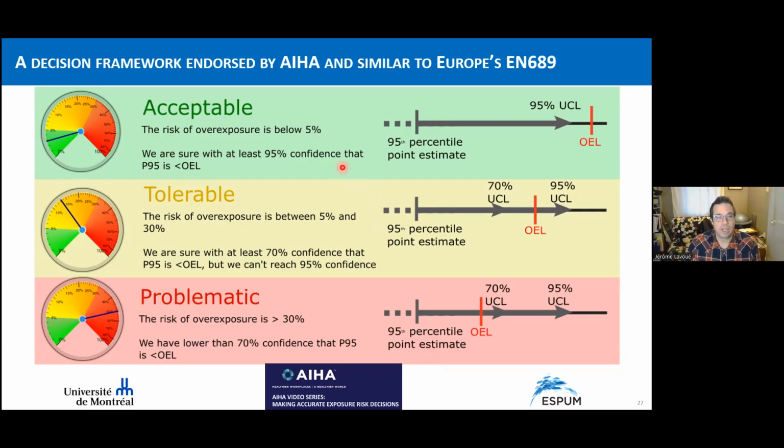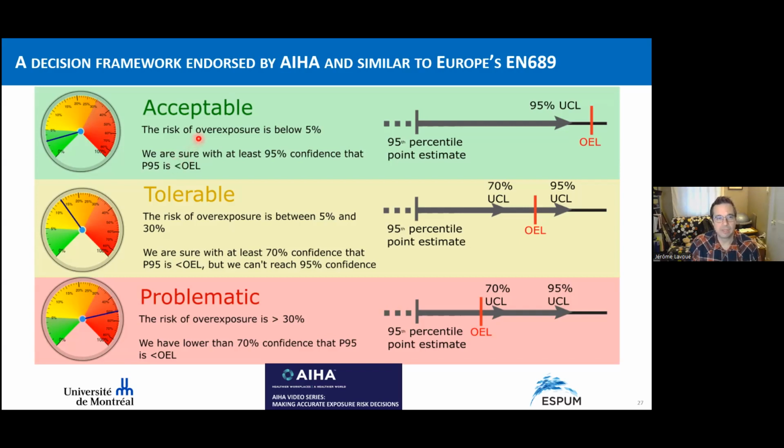So for example, the acceptable zone, which yesterday we said we need to be 95% sure that the 95th percentile is below the OEL. The equivalent using risk of overexposure is we want the risk of a problem to be smaller than 5%. And it's exactly the same, but it's expressing the same thing using the notion of chances of a problem.